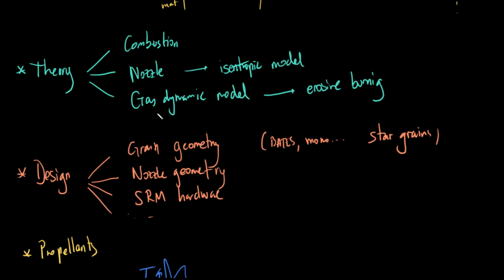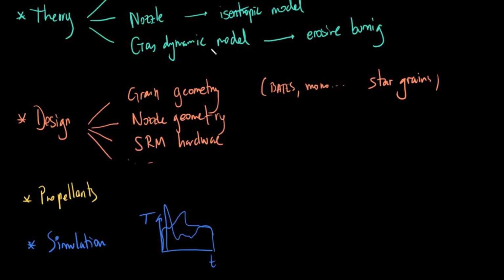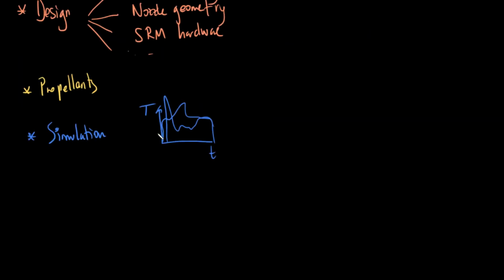But if we want to simulate a more complex CFD model, I'm gonna cover that a bit. It's gonna be a bit more complicated, but we're gonna get more information out of it, like erosive burning, etc. So maybe I'm gonna talk about a bit of simulation, and testing.